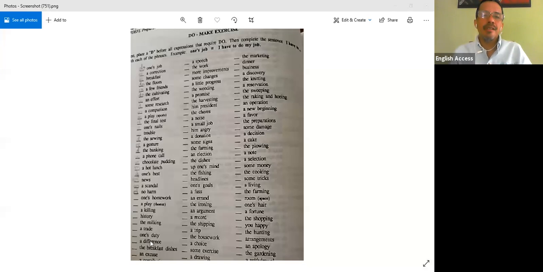Like this exercise: D for do or M for make. So follow the exercises and try to learn. Even though sometimes it's kind of hard, you can do it.